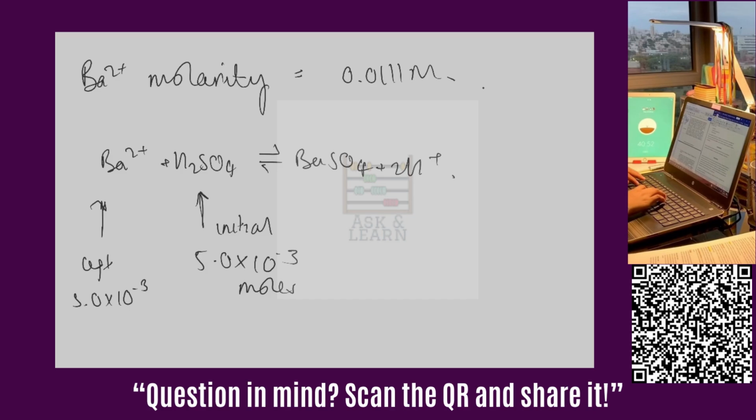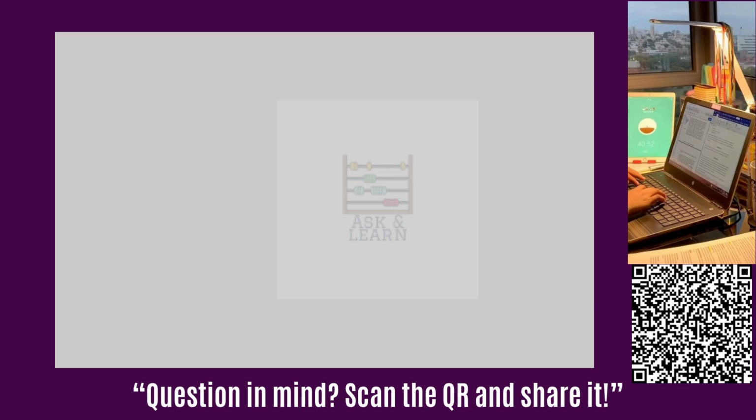Lastly, we're calculating some concentrations in the final solution. So for example, NH3, 0.0333 molar. We have NH4 plus, 0.0222 molar.